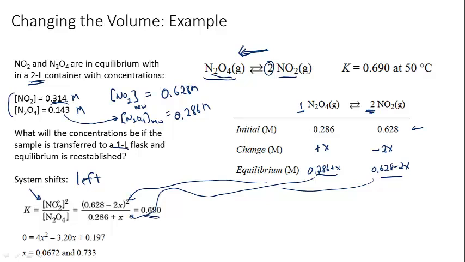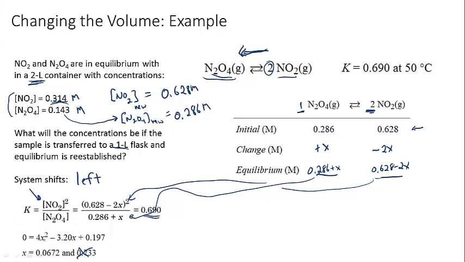So you rearrange this, make your quadratic equation, and solve for X, and you get two versions of X. Only one of them is reasonable, because the other would make 0.628 minus 2X negative, which is not possible since it would give a negative concentration of NO2.